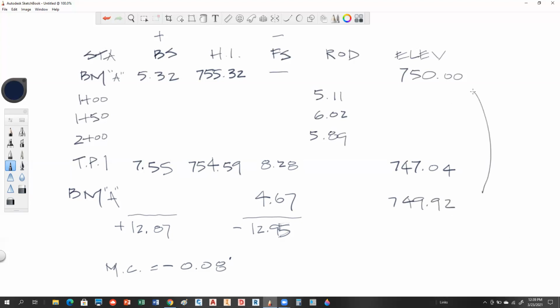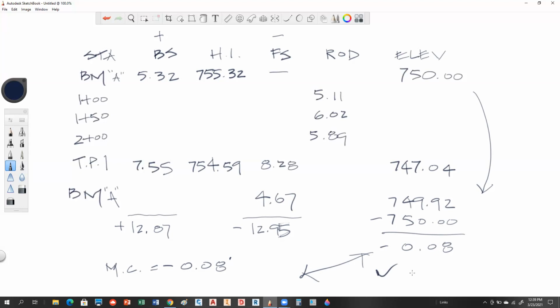So if we bring this down here and subtract it, it should agree both in terms of the sign and the magnitude. So I do get 0.08. These agree. So I know that I've got my loop, and I know I have my math correct. Okay. Is everybody okay with that?